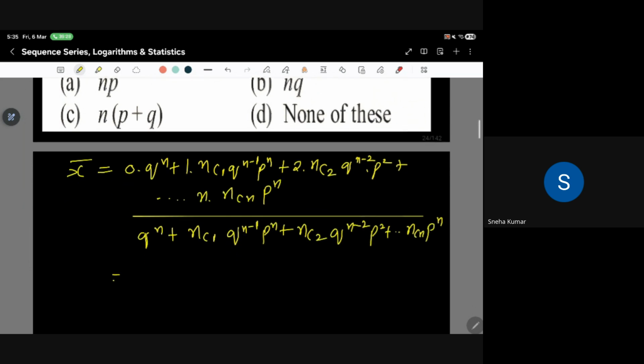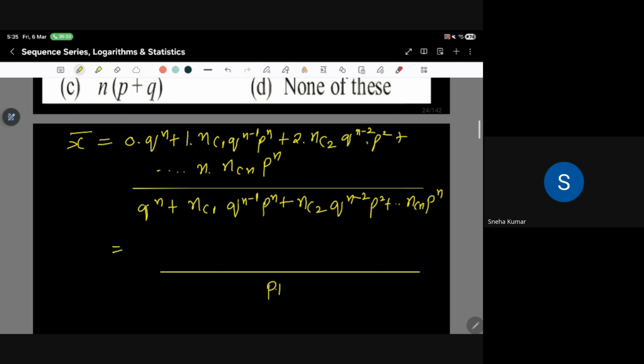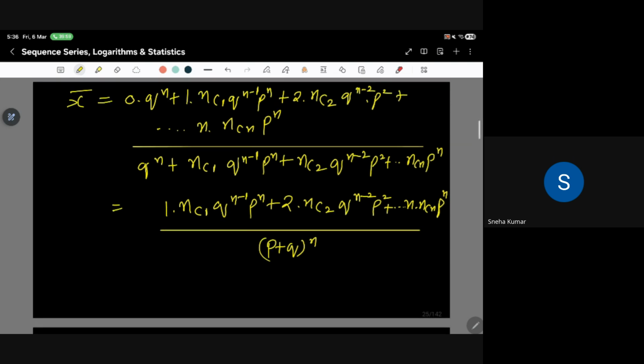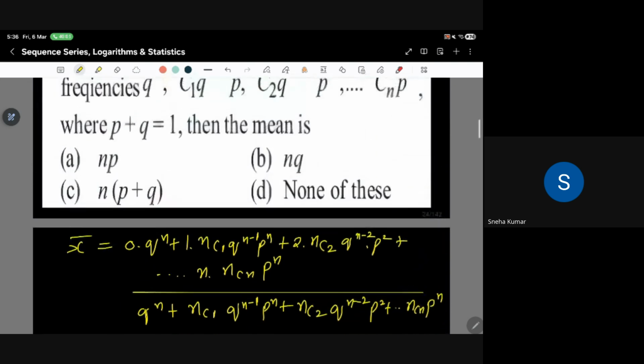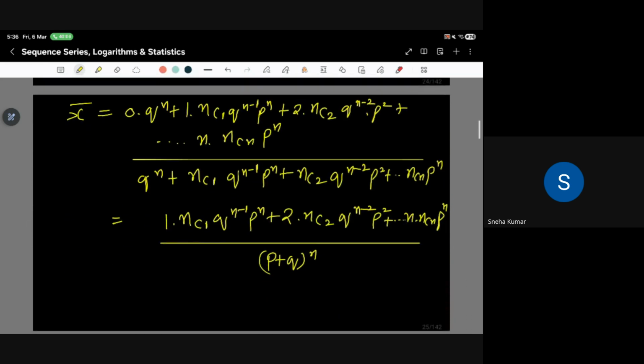So in the denominator, we can clearly see it is the binomial expansion of (p plus q). And in the numerator, it is 1 into nC1 q^(n-1) p, 2 into nC2 q^(n-2) p^2, until n into nCn p to the power n. Okay. Now p plus q, they have already given us as 1, right?